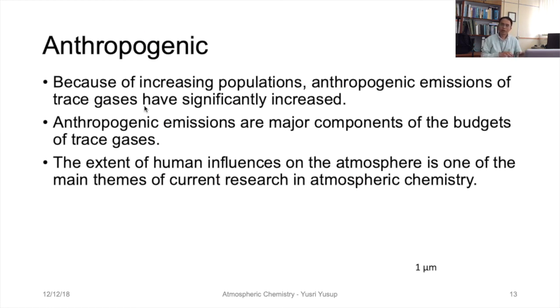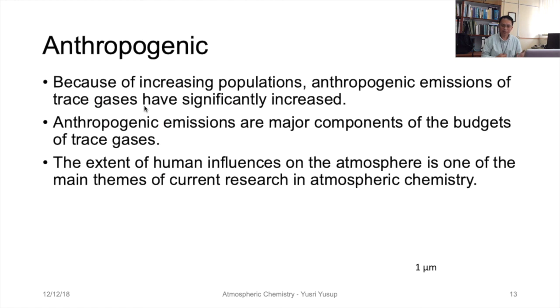Even before, when the populations were low, it could be negligible, but due to the massive size of the human population on Earth, it cannot be discounted anymore. Now, the extent of human influences on the atmosphere is one of the main themes of current research in atmospheric chemistry.